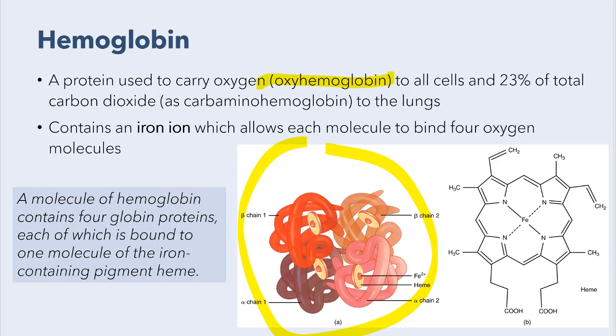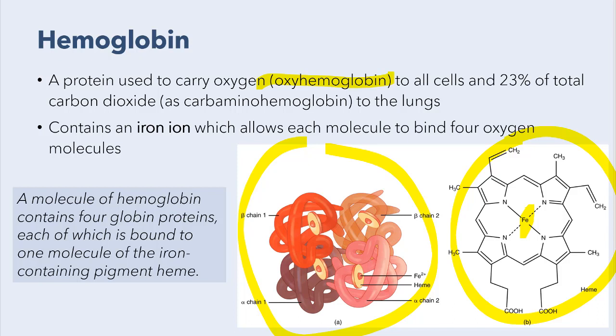And in the middle of each chain, we have what we call a heme group. This heme group has an iron right in the middle, and this is where the oxygen is going to bind. This structure can bind 1 oxygen, and since we have 4 of them in a hemoglobin molecule, each hemoglobin can pack 4 oxygens.